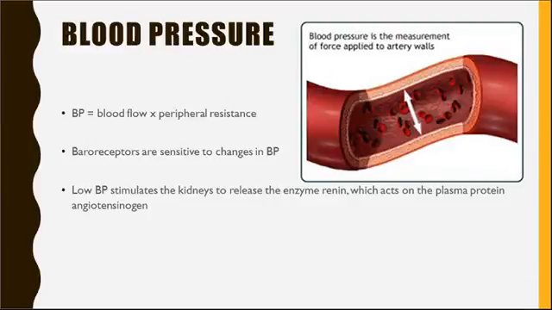In terms of blood pressure, blood pressure is basically blood flow times peripheral resistance. That's good to know for your quiz. So when blood pressure decreases, sympathetic nerves signal vasoconstriction in the blood vessels so that the pressure rises again.